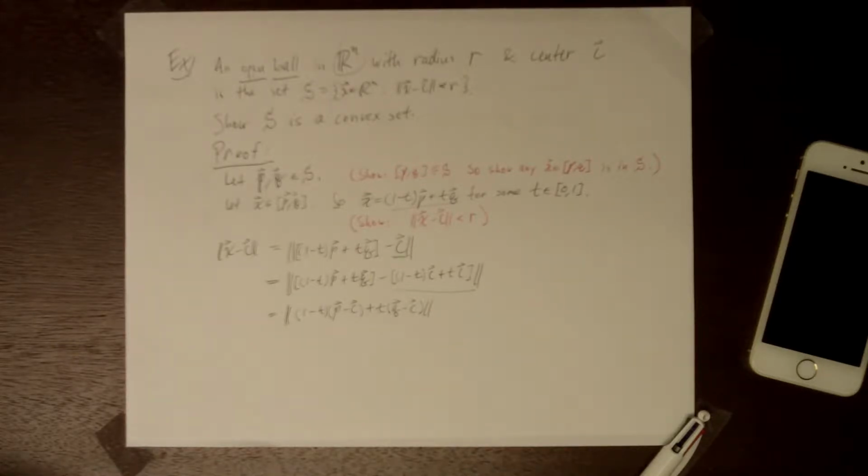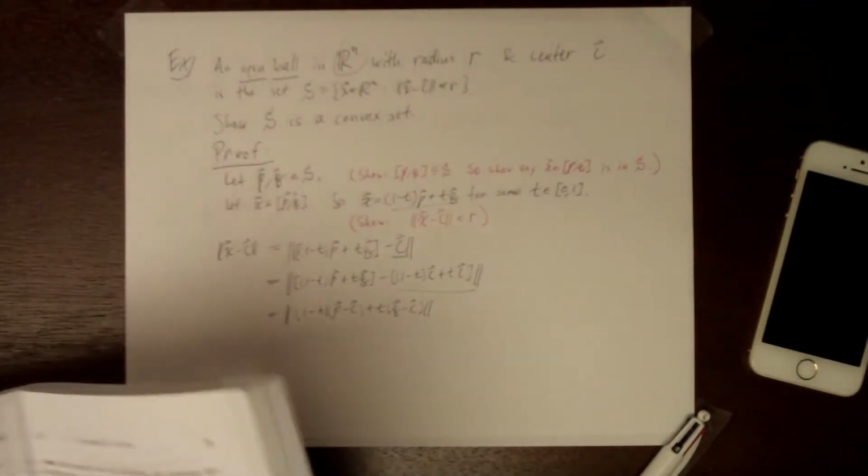So then, in your text, on page 28, you see there Theorem 4.3, and that is called the triangle inequality: the norm of the sum of two vectors is less than or equal to the sum of the norms of those two vectors.